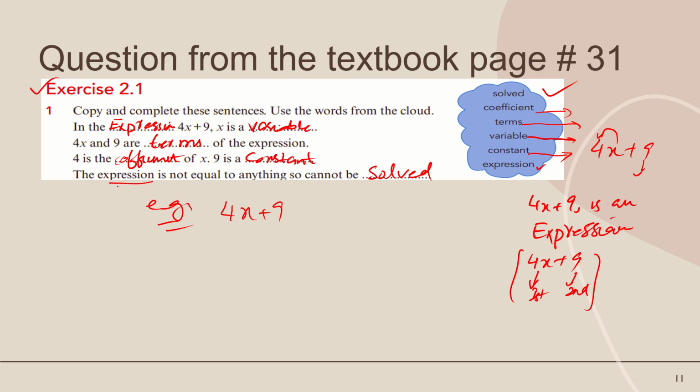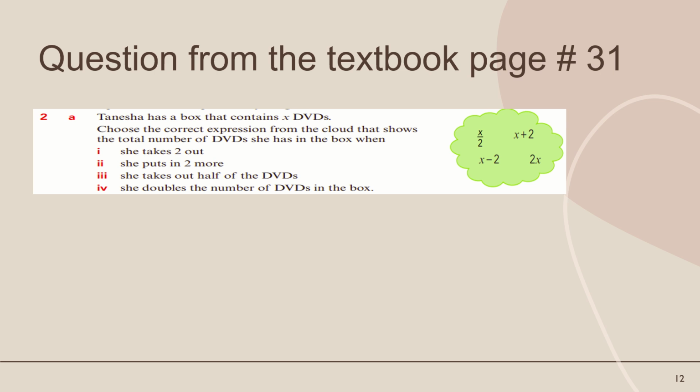I repeat: the expression is not equal to anything, there is no equal sign, so we cannot find the solution of an expression. An equation always has a solution because it has the equal sign. Now the question from the textbook: this is question number 2, page number 31.